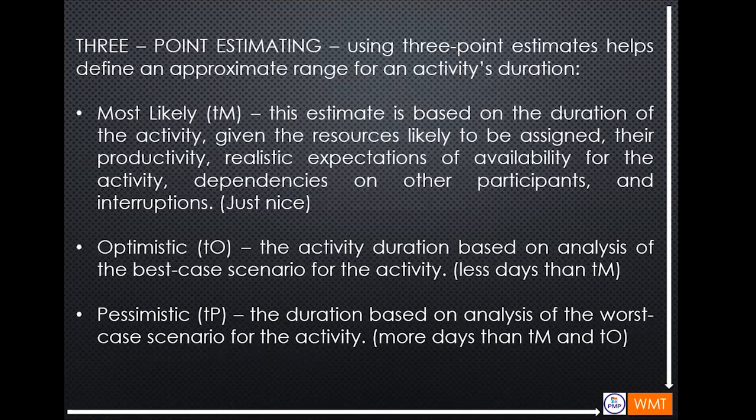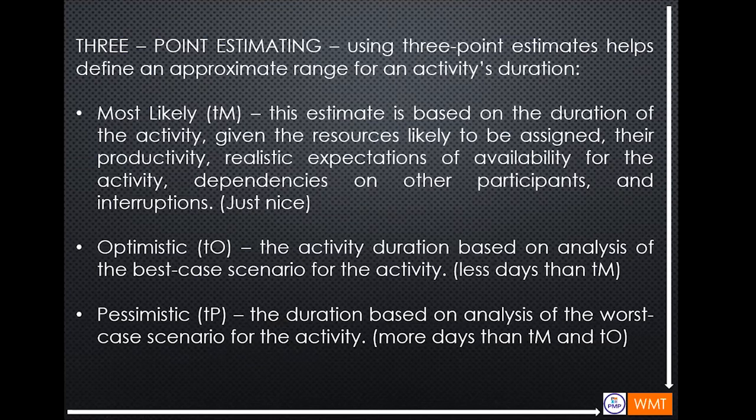So, 3-point estimating: using 3-point estimates helps define an approximate range for an activity's duration. The most likely estimate is based on the duration of the activity given the resources likely to be assigned, their productivity, realistic expectation of availability for the activity, dependencies on other participants, and interruptions.